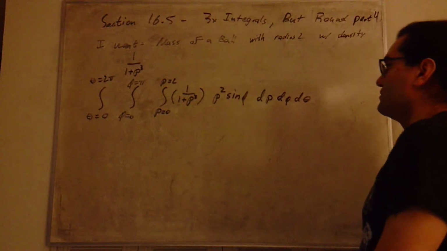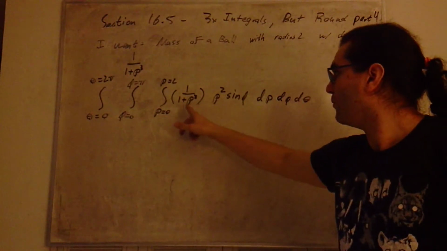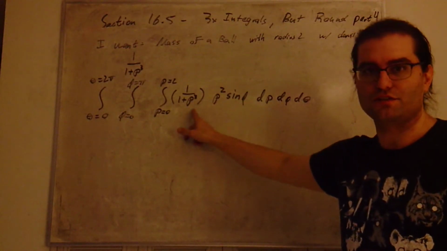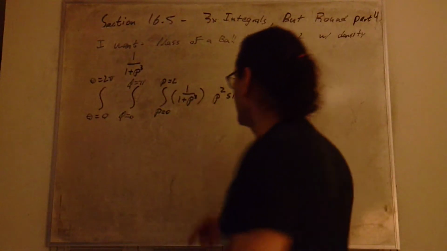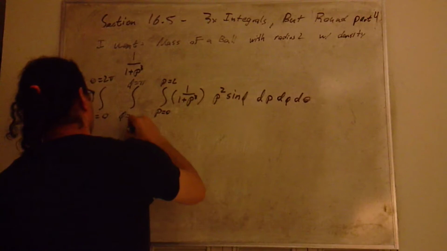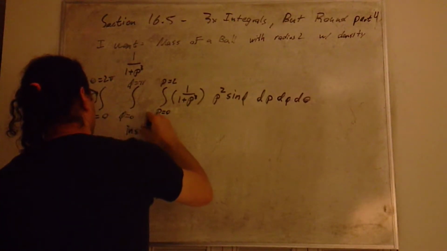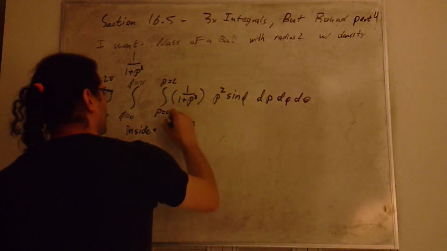Integrating this is going to be an exciting event because we have a bit of an inside-outside-other situation going on here. The inside, I'm going to say, is 1 plus rho cubed.